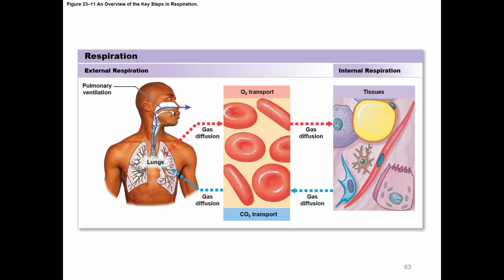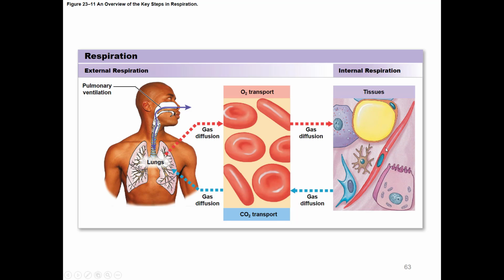So the overview would be this. We breathe in, and air and gases go into the alveoli. Oxygen diffuses from the alveoli into the blood. Red blood cells carry that oxygen to our tissues where we drop it off.